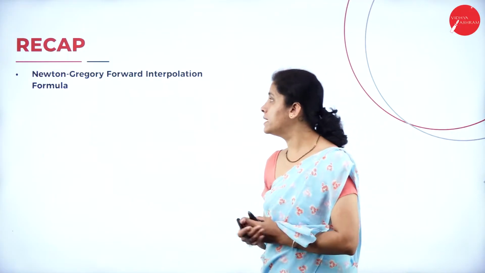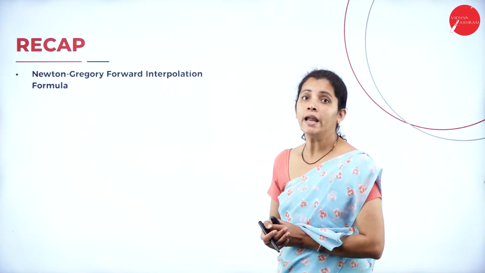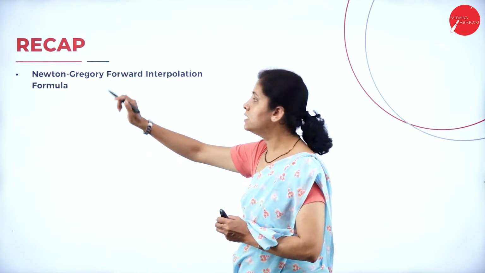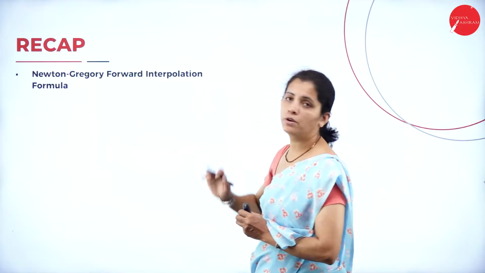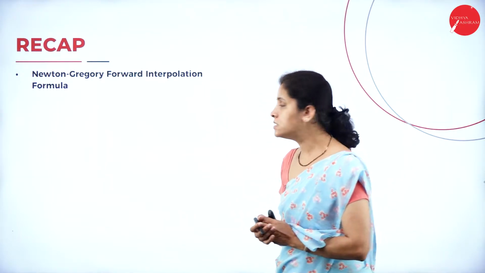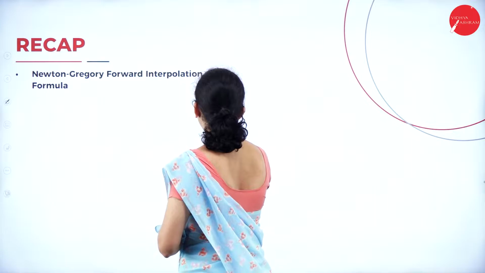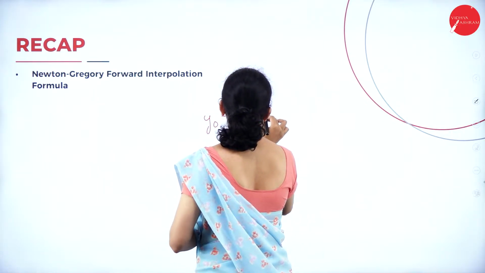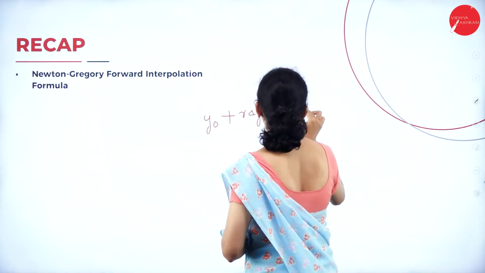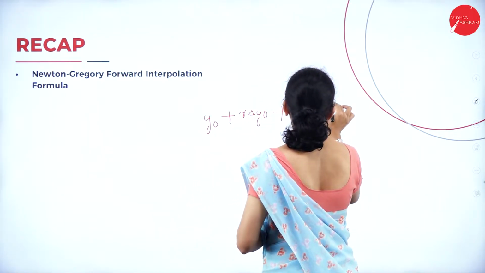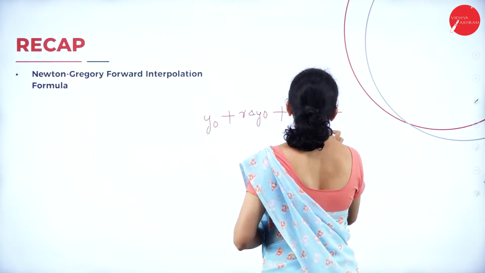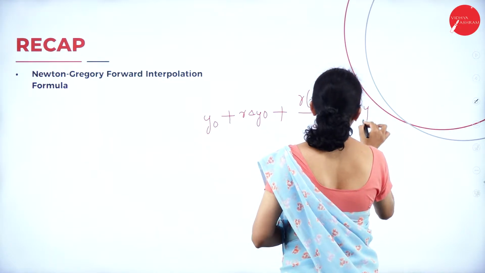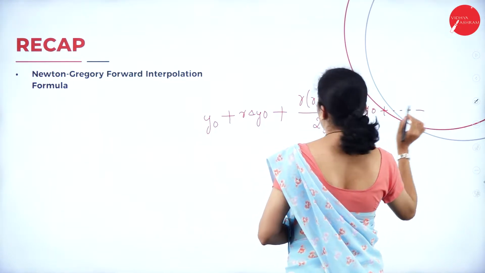So dear student, in my last session, I started with interpolation. In that, I started with the Newton-Gregory forward interpolation formula. And what is the formula? That is y naught plus r delta y naught plus r into r minus 1 by 2 factorial delta square y naught plus and so on.